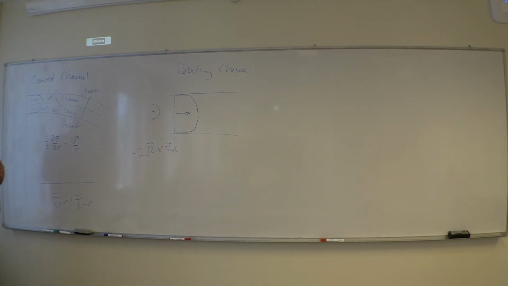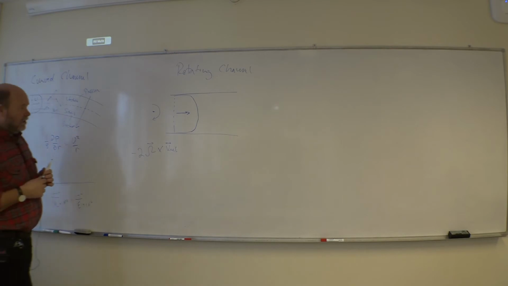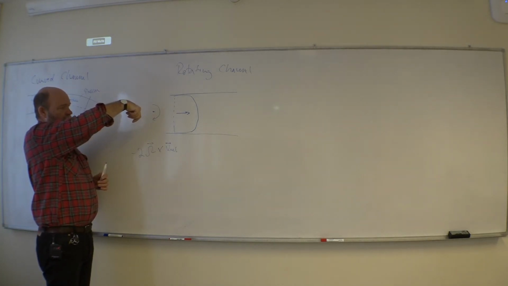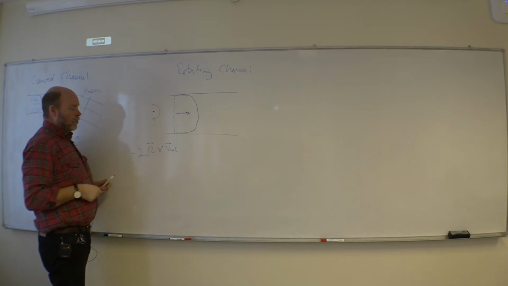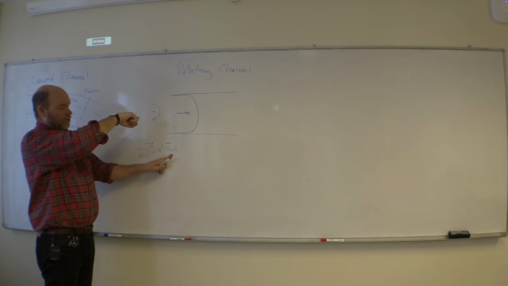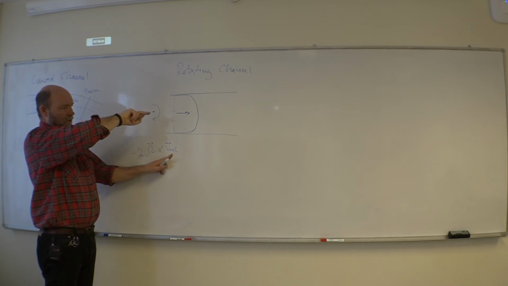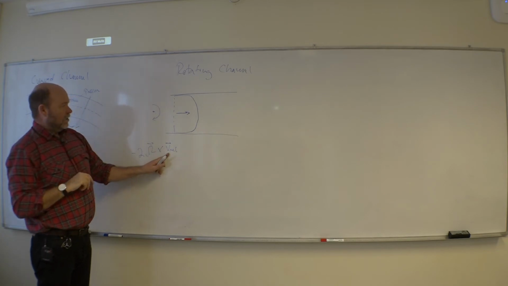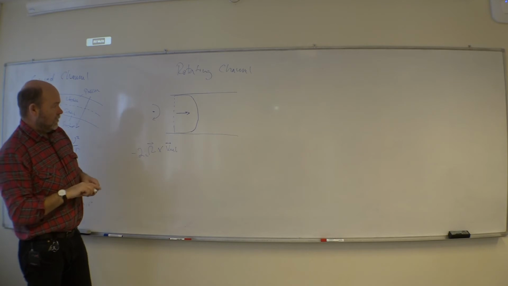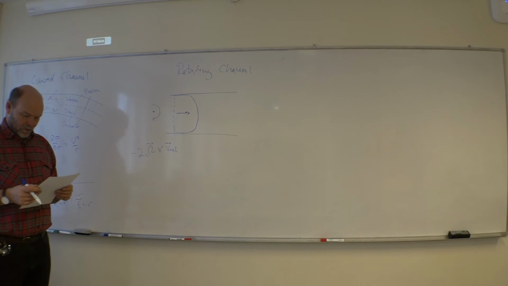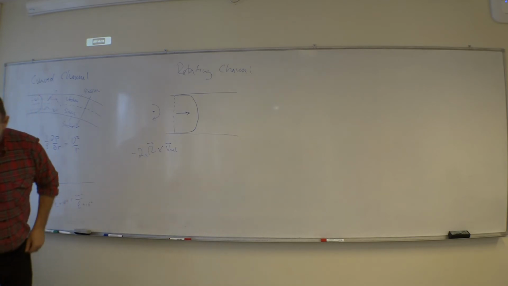So what do we get here? The rotational vector will now go into the blackboard. So that's one vector cross with a relative velocity local to the channel will give you a force downwards. And here you will then have some sort of a pressure. Let's see if it's correct.